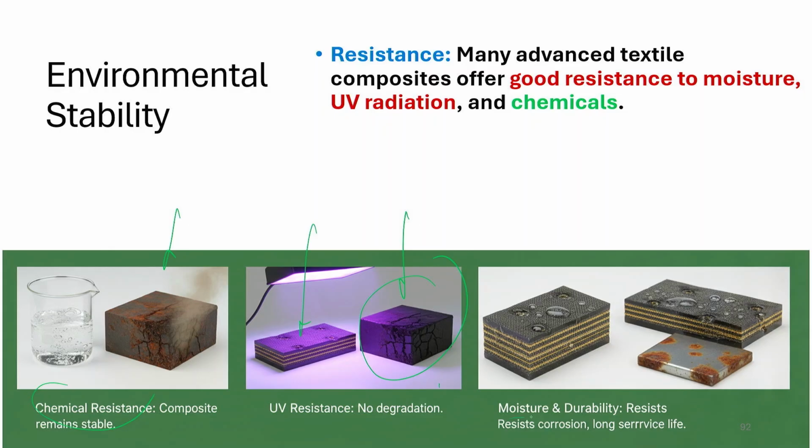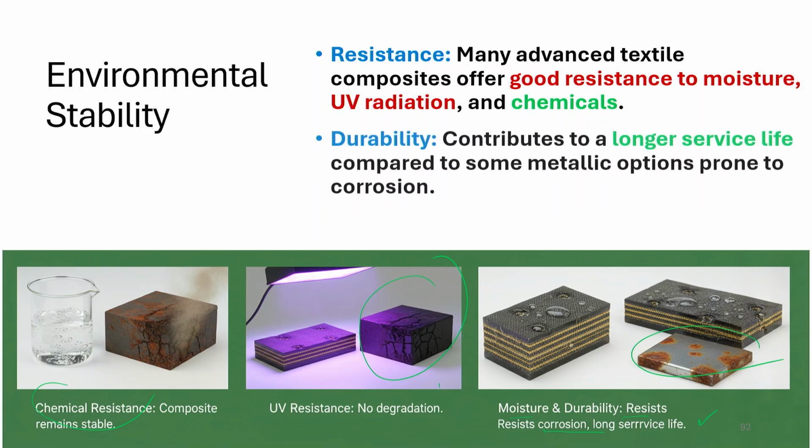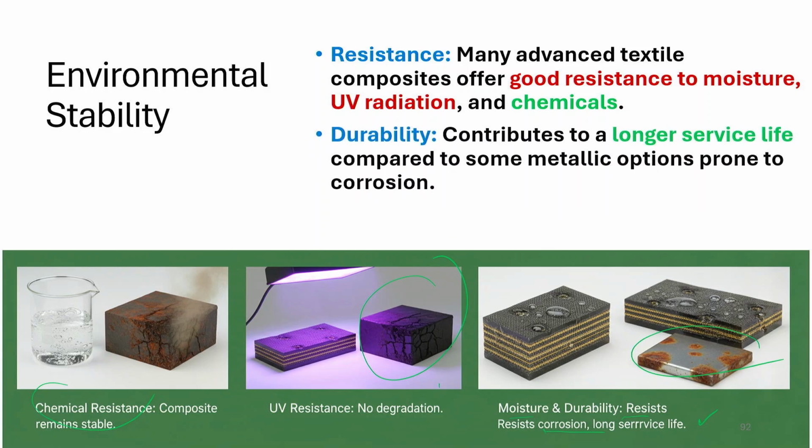In the case of other hard armor there may be some degradation, but for composite material there is no degradation. If you use metal, there may be rust formation, corrosion may be there. But we can produce a composite which is water resistant, and there is no corrosion and it will have a longer life. Metal characteristics we cannot improve easily, but durability we can enhance.